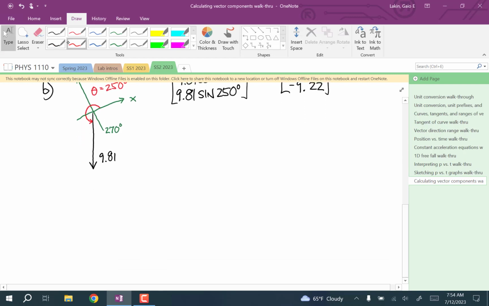Okay, so now the third one, part C. Here's our coordinate system. Pause the video and place the vector where it should go.